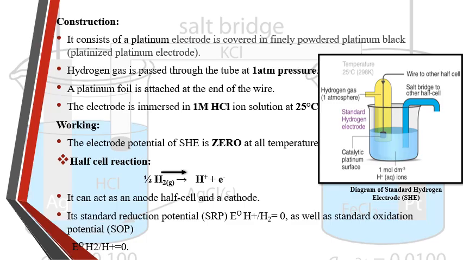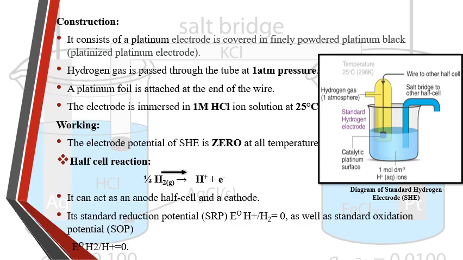The standard condition for SHE is 25 degrees Celsius. The electrode is calibrated and operated under this condition to ensure consistency. Hydrogen gas is supplied at a pressure of 1 atmosphere to maintain standard condition.